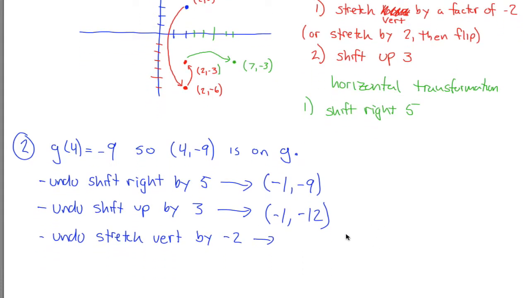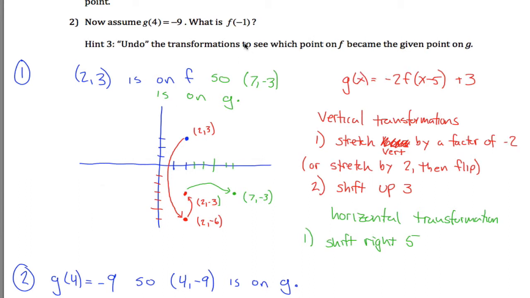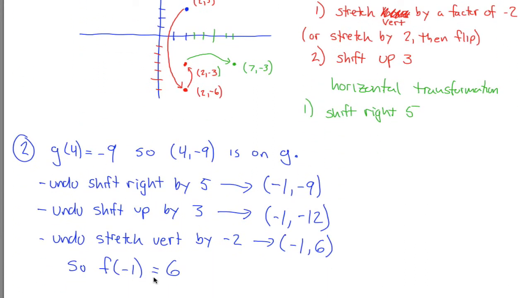You think about what your y-coordinate must have been so that when you multiply it by negative 2, you get negative 12. Well, the answer to that is 6. So the point (-1, 6) is on f. If (-1, 6) is on f, that means f of negative 1 equals 6. The question was asking, what's f of negative 1? 6 is the answer. I guess that's good. That's the end of this problem.